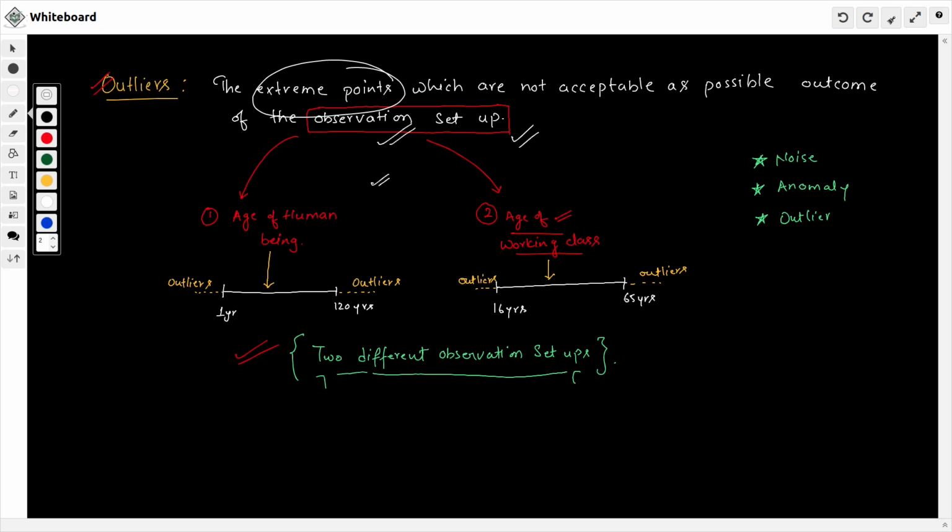Now there are two terms that are very analogous to outliers itself. One is noise and another is anomaly. When we talk about noise, it is generally related to the modeling itself.